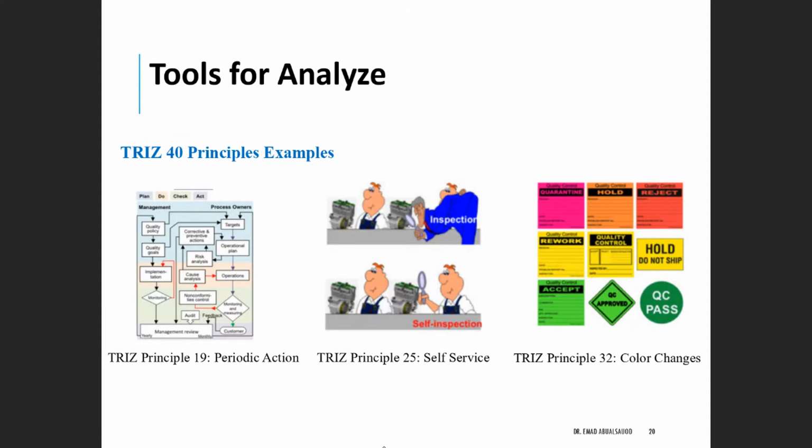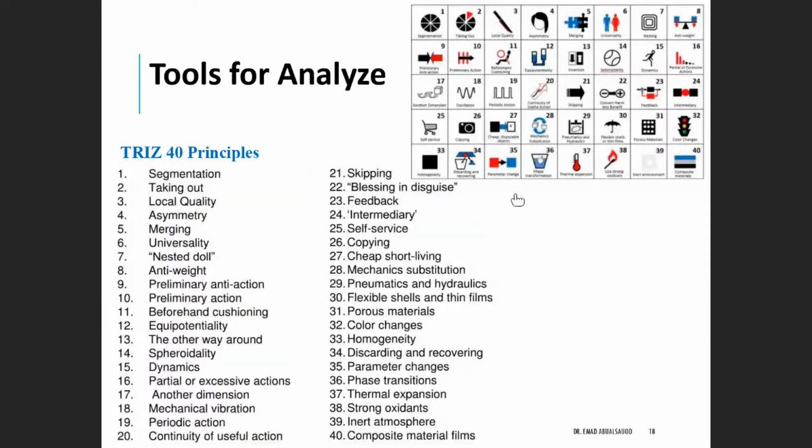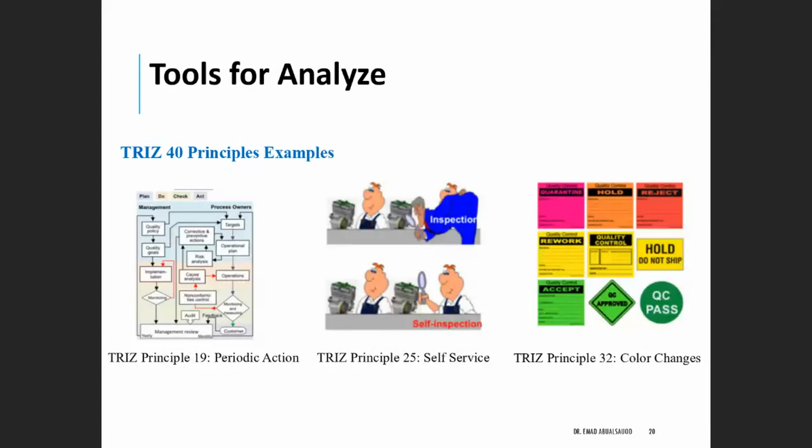If you have a system that automatically monitors and detects, that applies principle 25, self-service. Let's go to 25. Here, self-service, and they put this shopping cart, meaning you are self-serving when you do shopping at the supermarket.